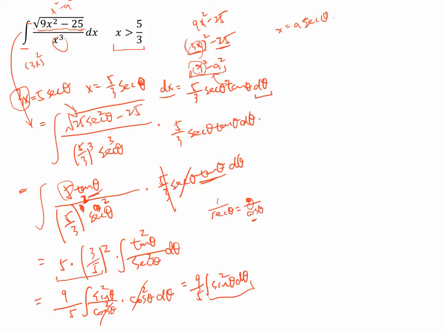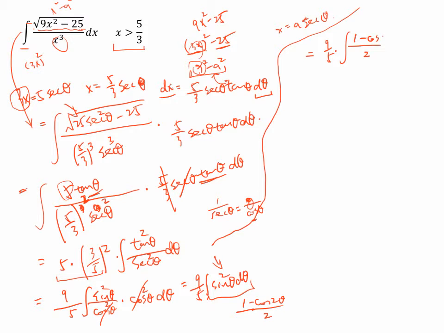So this is something we should be very familiar with. The even power formula is 1 minus cosine 2 theta over 2. Plug in the formula. So I'm here now: 9/5 times the integration of (1 minus cosine 2 theta) divided by 2 d theta.